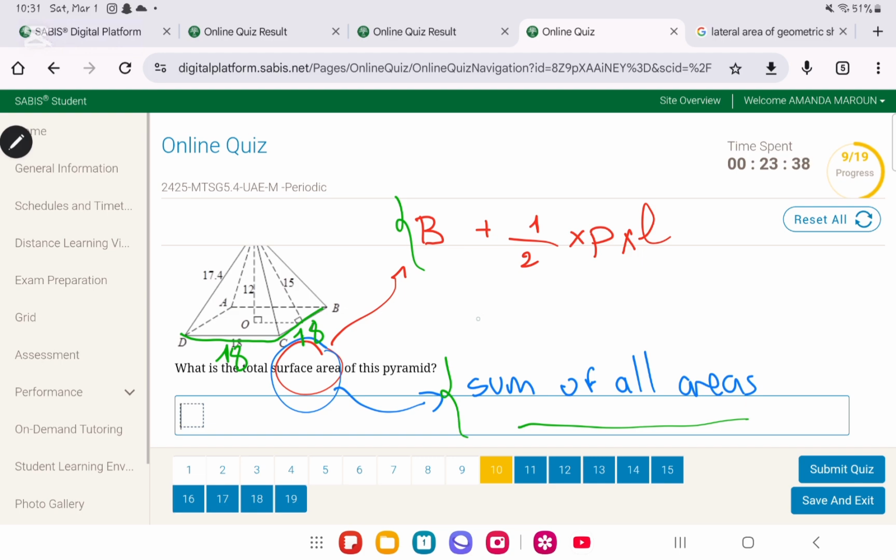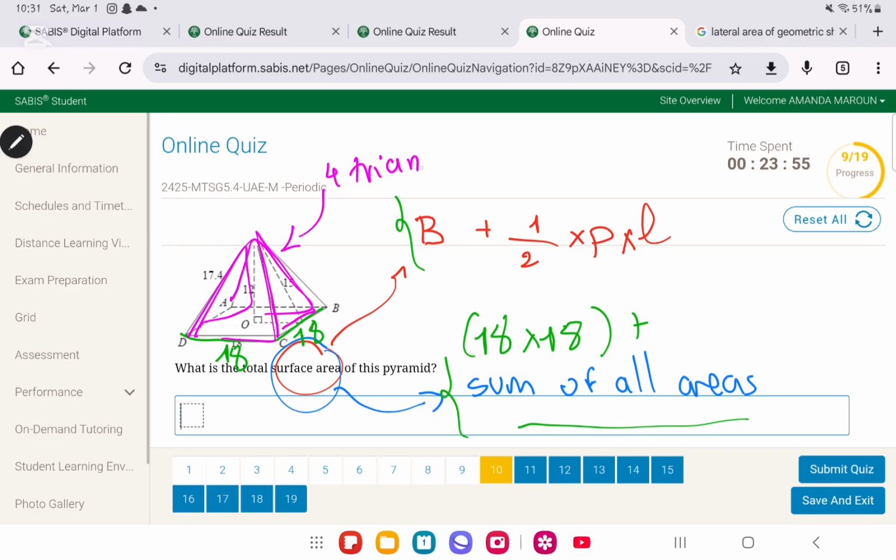So first of all, the first shape, which is a square, 18 times 18, plus, now here is where it becomes interesting. In this pyramid, we have 1, 2, 3, and 4 triangles that are the same. How do we know? Because it is a regular pyramid. If you read above, you would have known that it is a regular pyramid.